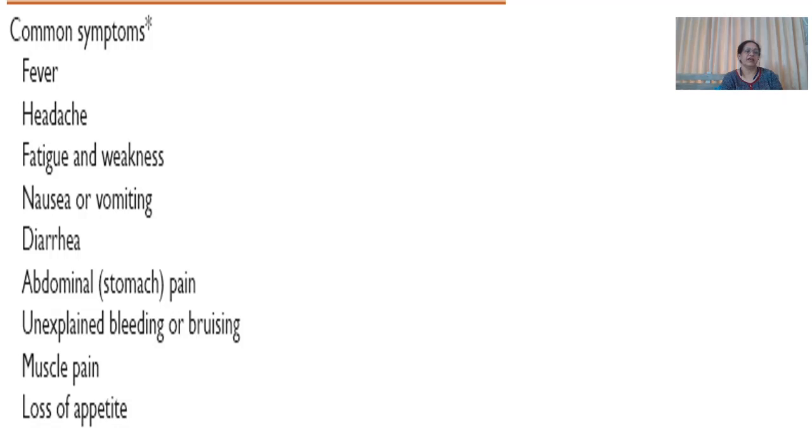Fever, as it is a febrile illness, headache, as involvement of the nervous system is there, fatigue, weakness, as involvement of liver infection, as well as the gastrointestinal tract, as well as the pancreas, nausea or vomiting, diarrhea, abdominal cramps, that is stomach pain, unexplained bleeding or bruising, that is discoloration of the skin, muscle pain, and loss of appetite, that is anorexia.